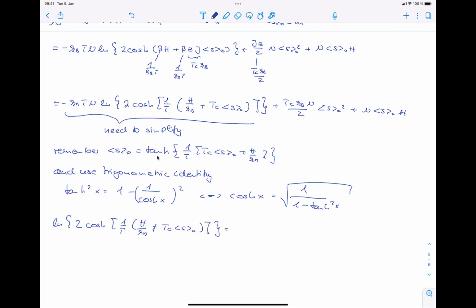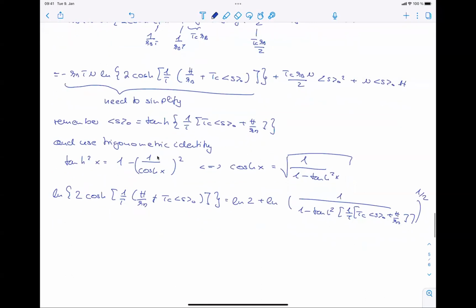Then this becomes, let me factor out this ln 2, ln of 1 minus tanh squared, which is going to, I can pull out the half up front because we have logarithms here.